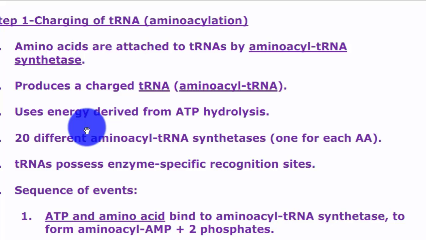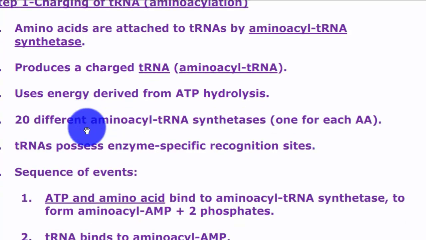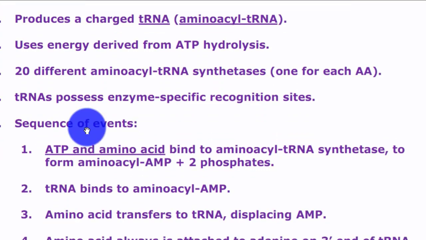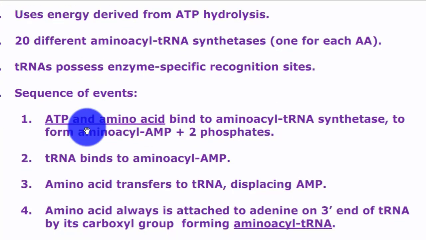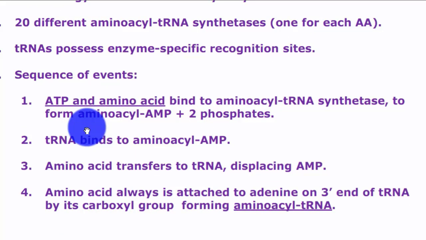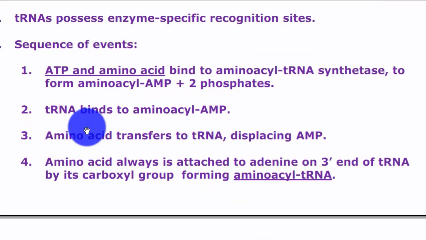Charging of transfer RNA, aminoacylation. Amino acids are attached to transfer RNA by aminoacyl transfer RNA synthetase, which produces a charged transfer RNA, aminoacyl transfer RNA, using energy derived from ATP hydrolysis. There are 20 different aminoacyl transfer RNA synthetases, one for each amino acid. The process involves enzyme-specific recognition sites.